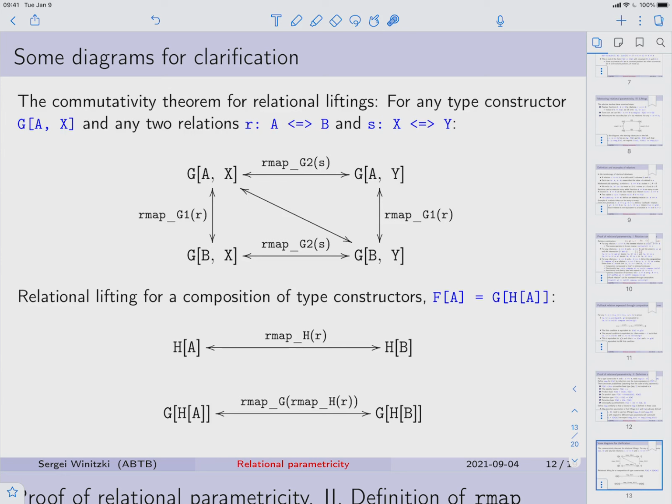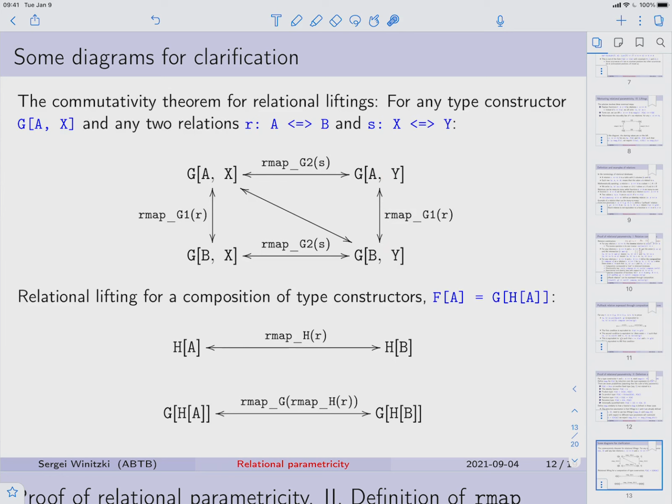Then you lift this relation between A and B with respect to the first type parameter. You get a relation between G of A X and G of B X. You lift here G of A Y, G of B Y, the same thing.